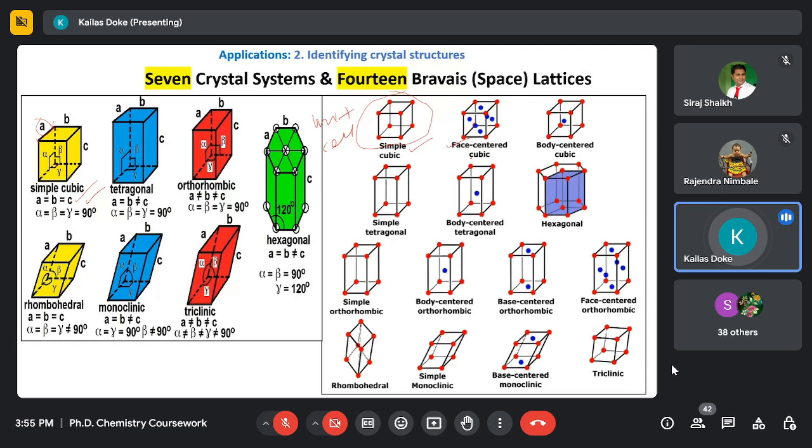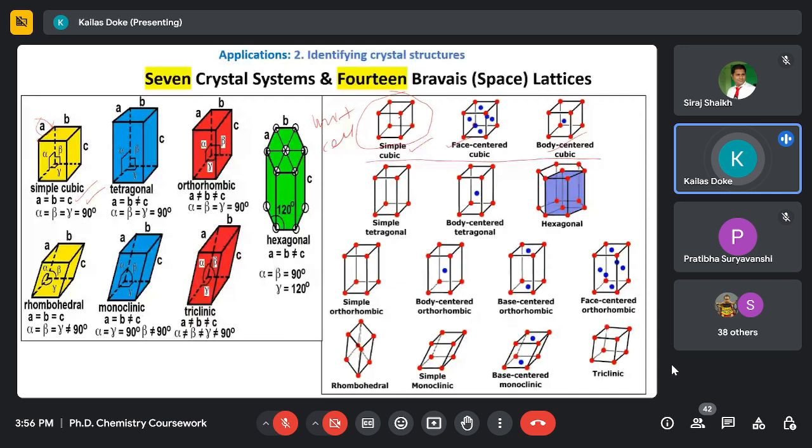Along with the corners, at the center of the unit cell, one whole constituent atom or ion is present, then it is called a body-centered cubic lattice. So one crystal system, cubic, has 3 different space lattices.